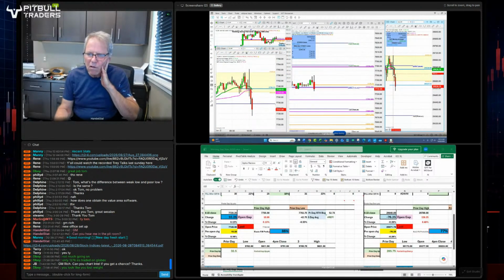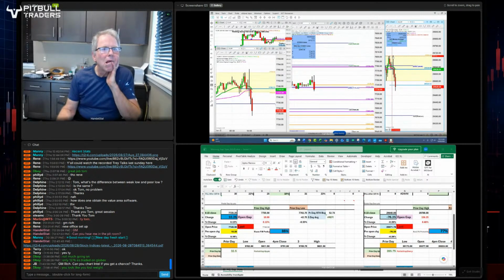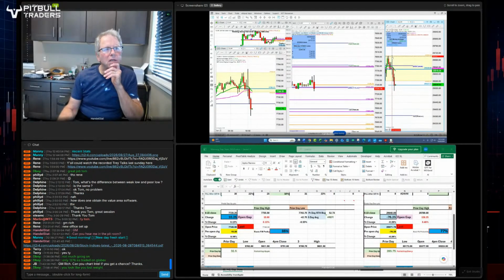This high is, what is that high? 29,707 minus 270, just 29.4-ish, 29,430. This should still go down like 50 more points, so I'm looking for both these to still go a little bit lower. Not much, but a little bit.